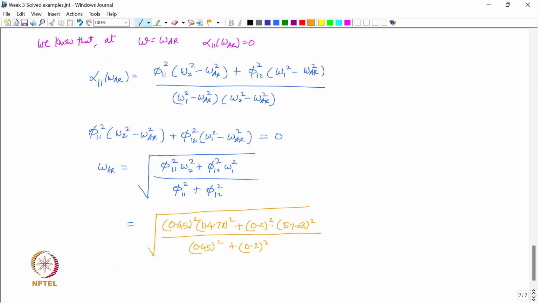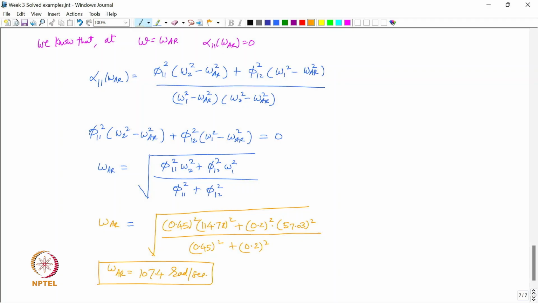So, if you compute this, we get omega ar is equal to 107.4 radians per second. So, that is nothing but the anti-resonance frequency.